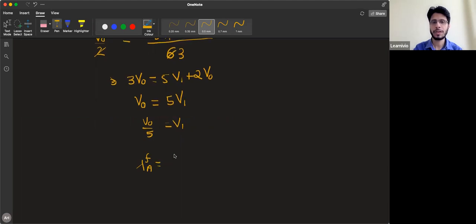Final wavelength of A is h by mass of A, which is m by 2, into velocity, which is V0 by 5. This 10 will come to the numerator, so you have 10h by mV0.